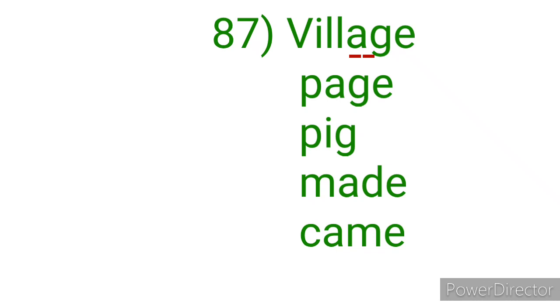The A in page is not pronounced E, but as A. Now the correct answer to this question is option B, pig. Village. The A in village is pronounced E. The I in pig is pronounced E. So the correct answer is option B.